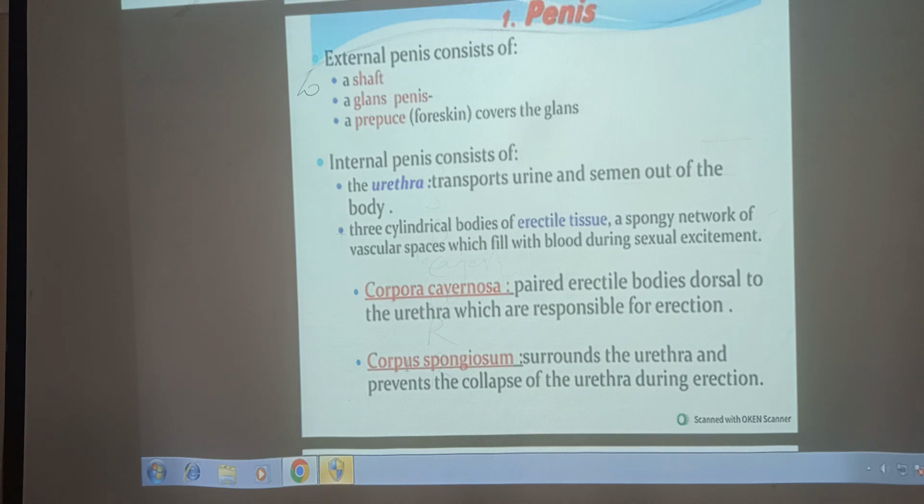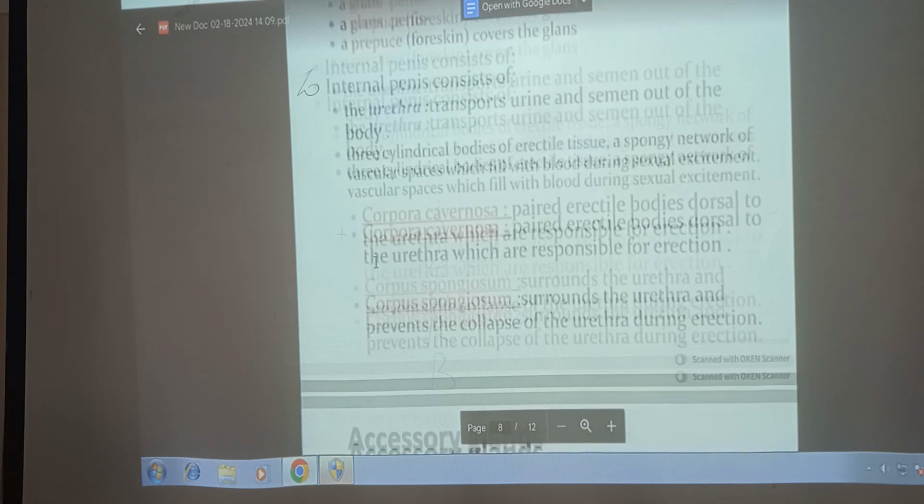Corpora cavernosa, corpus spongiosum. Corpora cavernosa are paired erectile bodies dorsal to the urethra, which are responsible for erection. The corpus spongiosum surrounds the urethra and prevents the collapse of the urethra during erection.